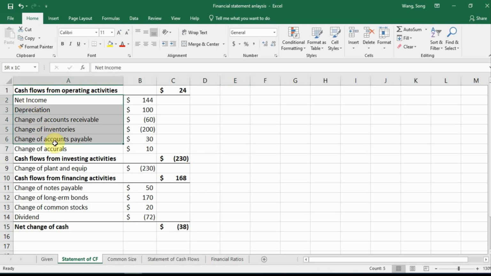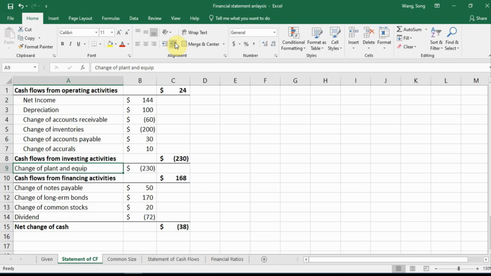Also you can put some indent to make them look a little inferior to the subtotals.